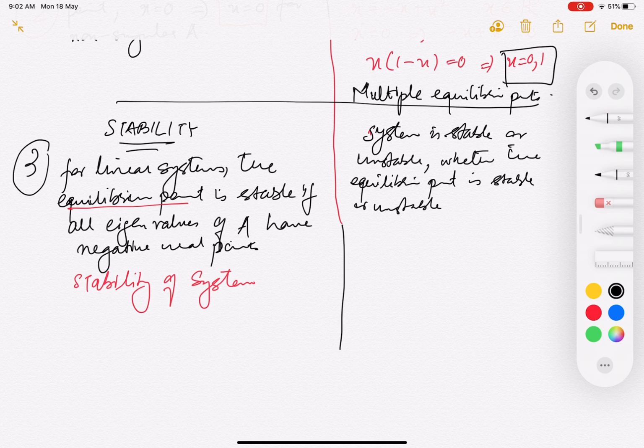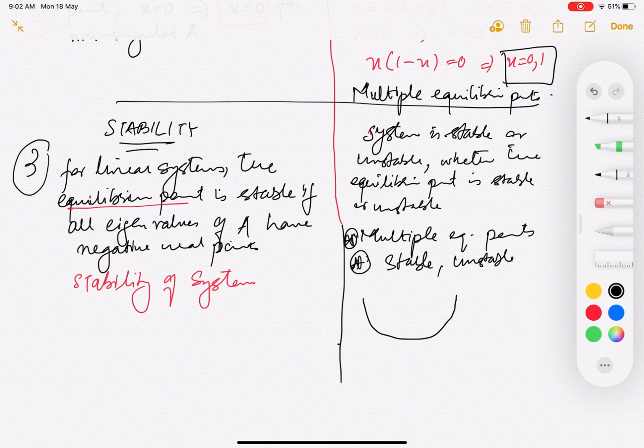And why is that? It is because a nonlinear system may have multiple equilibrium points, as we have already seen, and some of the equilibrium points might be stable and some might be unstable, right?